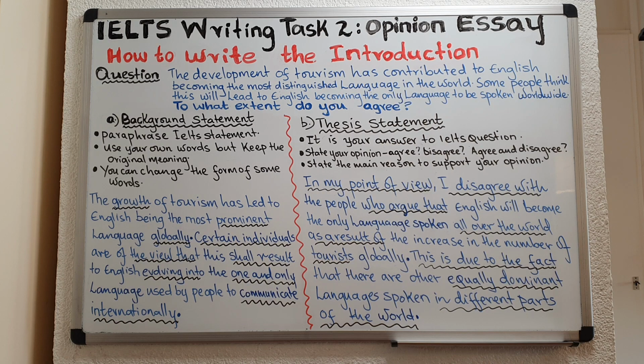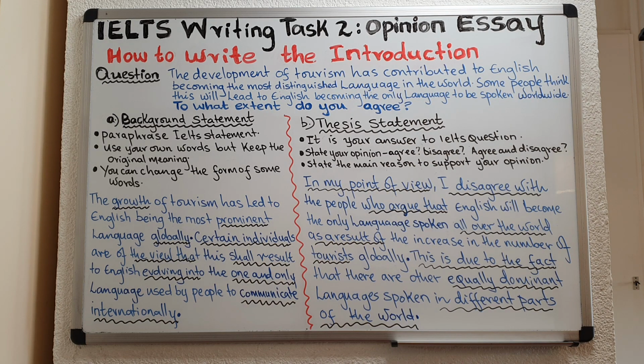I disagree with them. I disagree with people who argue that in the future, English will become the only language spoken all over the world as a result of the development of tourism. I disagree with that. I have made it very clear in my thesis statement.